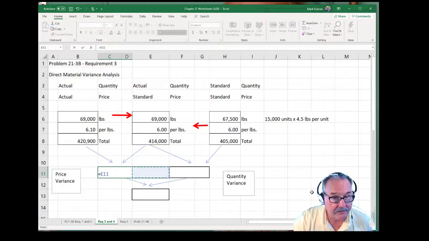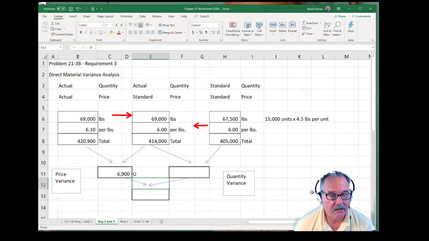And if we subtract what we actually used times the standard price, that will tell us that we have an unfavorable variance because we spent 10 cents more than we expected.